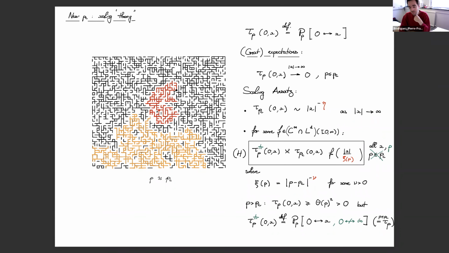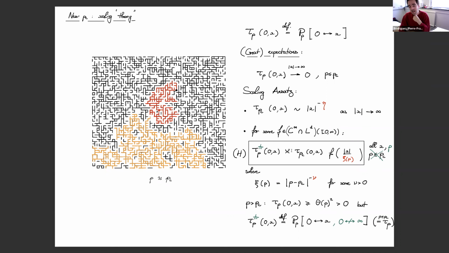Of course, when you're below pc, this has no effect, and this is just equal to the function I defined up there. Above pc, it removes this issue. And then the expected scaling of this function for any value of p is exactly the one that I wrote here. What do I mean by these wiggly lines?